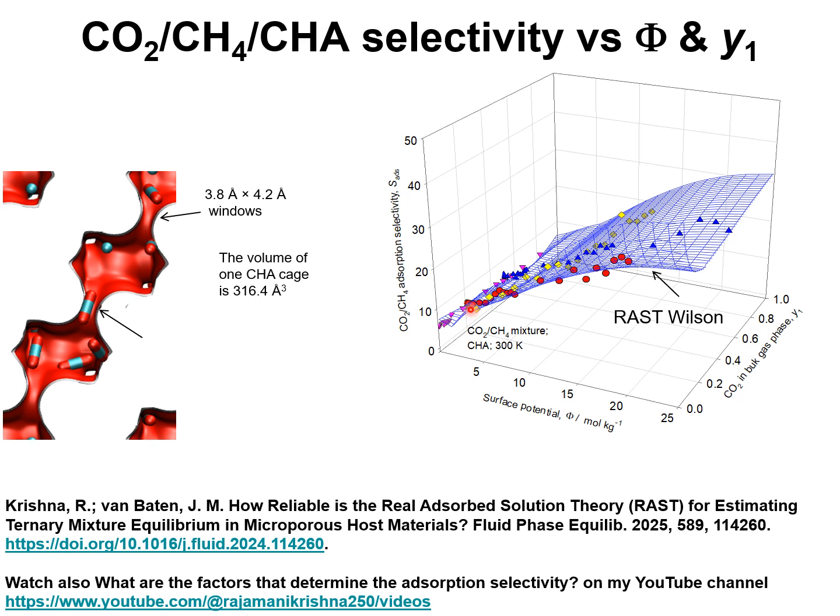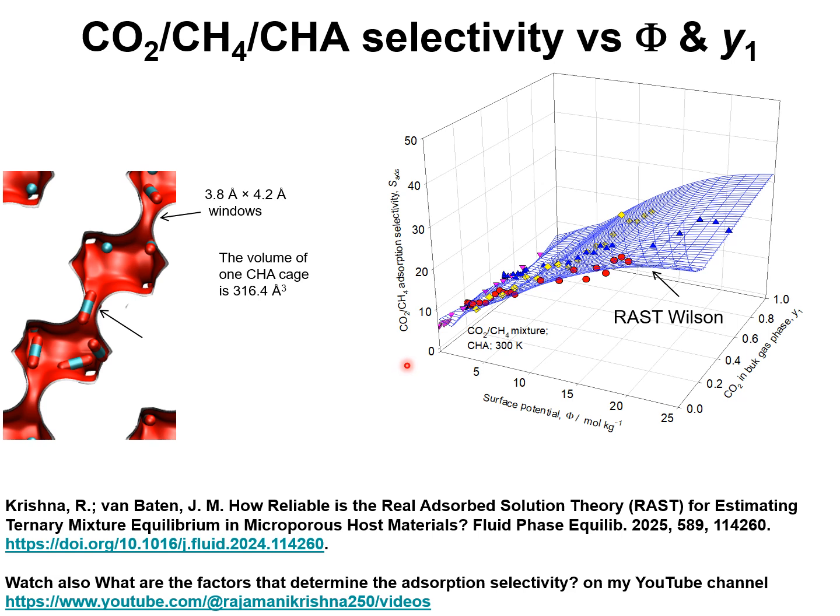the entire set of CBMC simulations for 4 different campaigns with varying surface potential and bulk gas phase compositions lie on a 3D surface that is shown by the blue colored mesh.